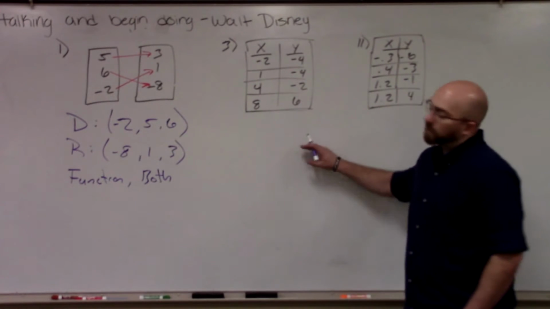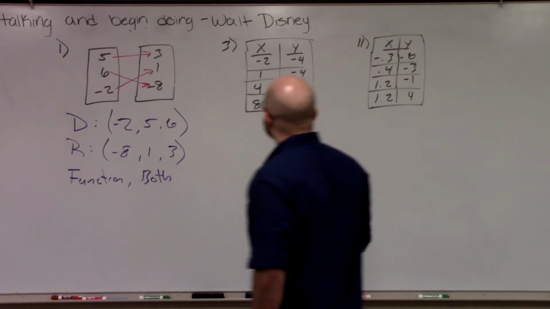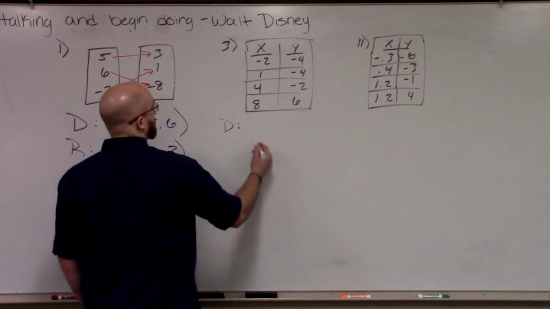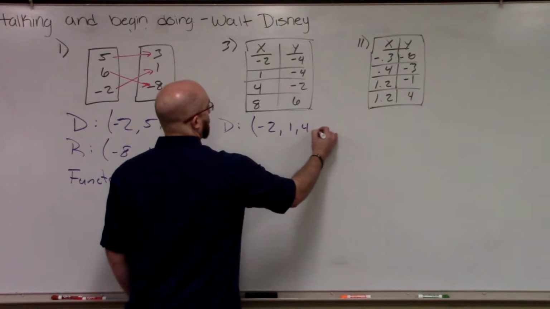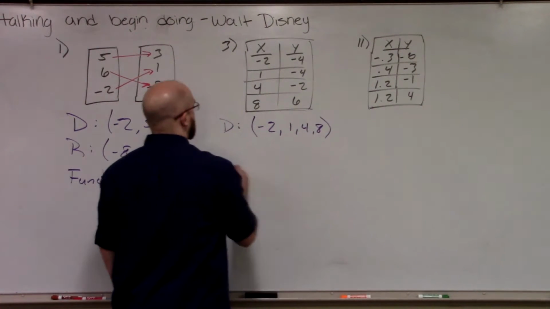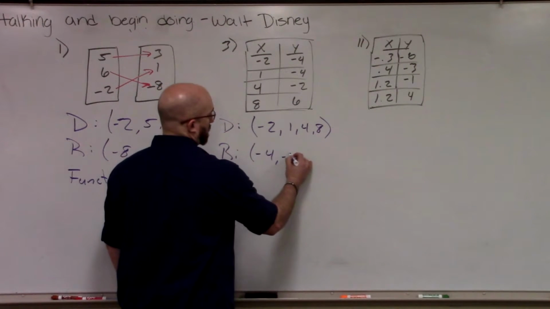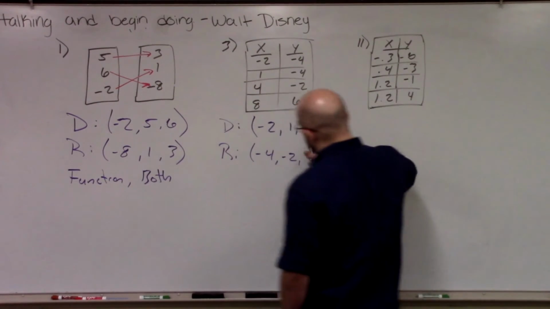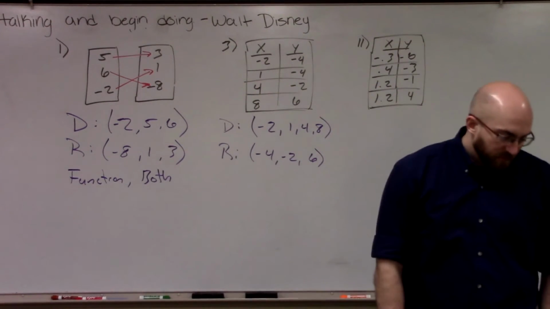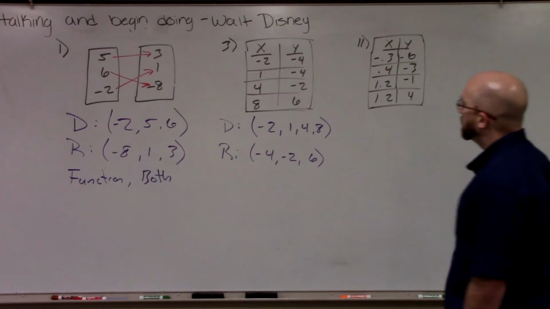So now if we do number 3, we're going to do the same thing. What's our domain? That's usually our x value, so the domain is -2, 1, 4, and 8. Our range is -4, -2, and 6. This one, if we look at it, is a function.